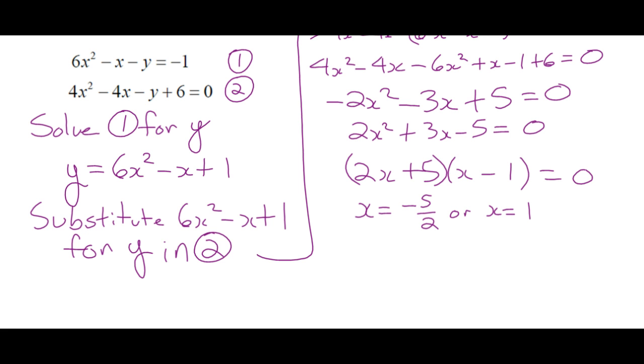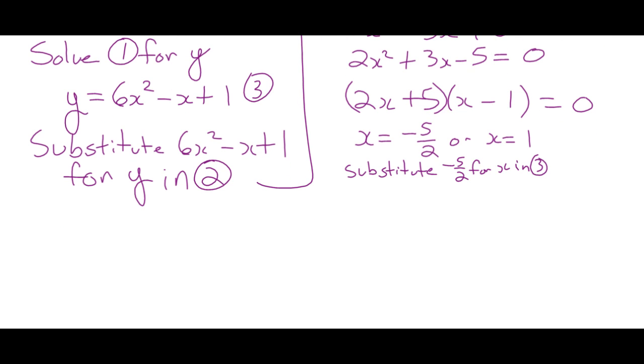It's the simpler equation. It's in the form y equals, so it's just going to give us a y value. We plug in an x, we get our y value. So we're going to substitute negative 5 halves for x in equation 3.